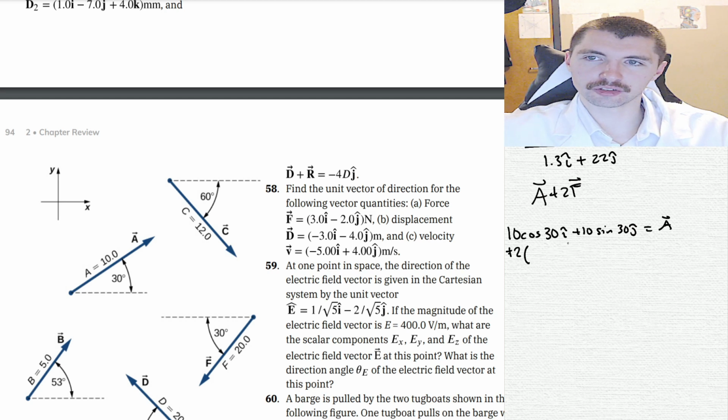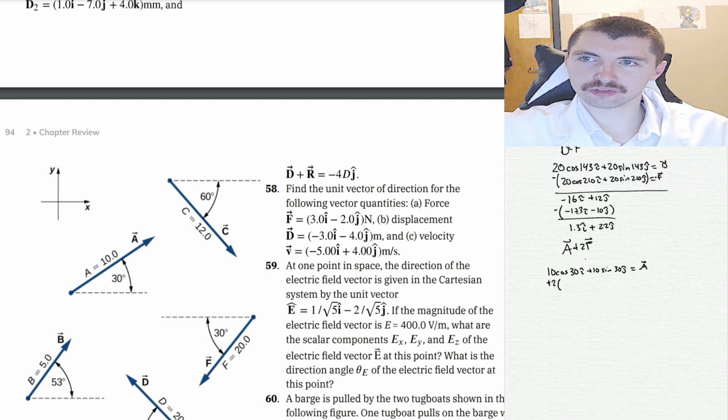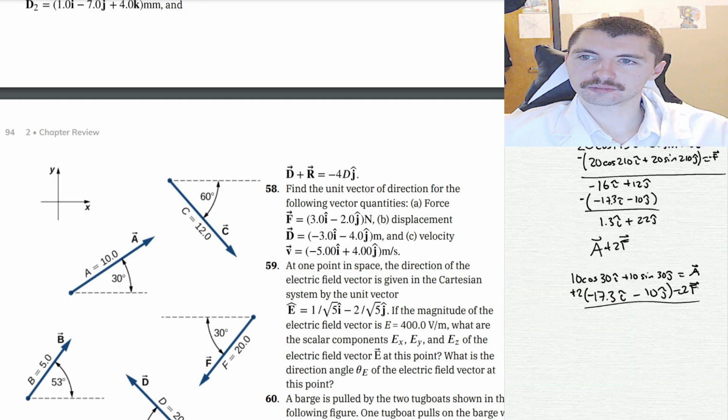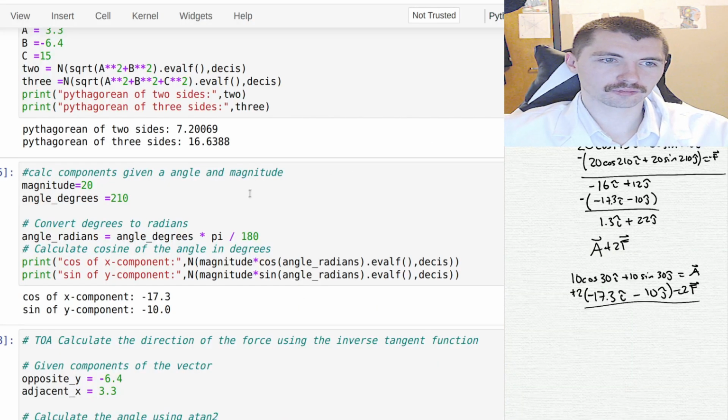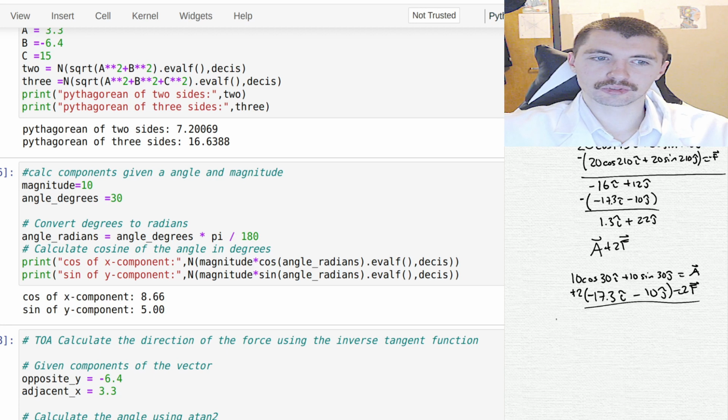So we can just use our numbers from earlier. So that was F. So we got negative 17.3, 8.7.